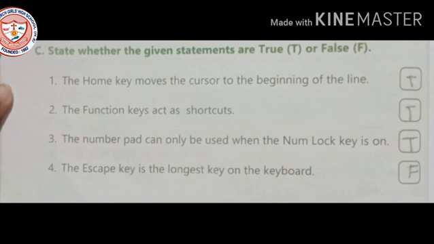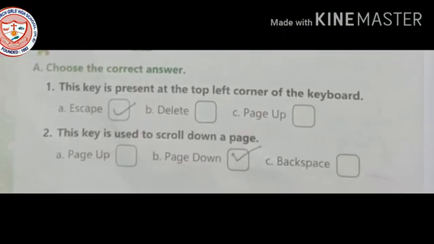That is true. The number pad key can only be used when the numlock key is on. That is true, T. The escape key is the longest key on the keyboard. False.